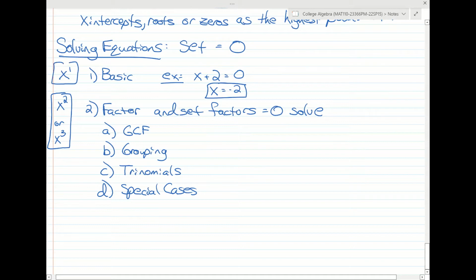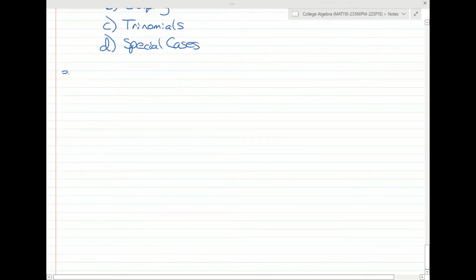Generally, if it's x to the first power, we just solve it. But if it's x to the second or x to the third, we use more advanced techniques. So let's go ahead and get started with this. The directions for these problems are just going to ask you to solve.